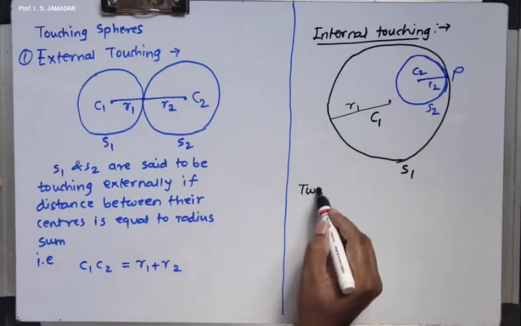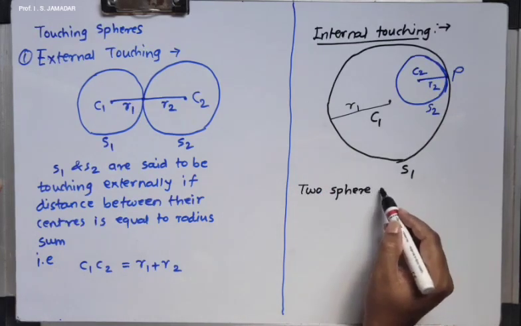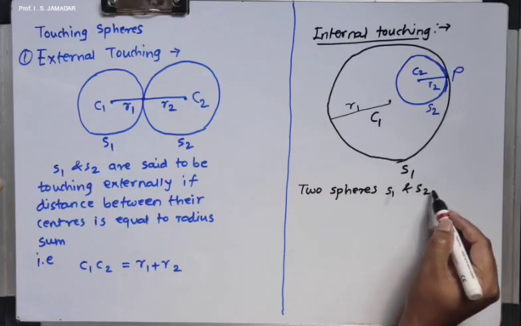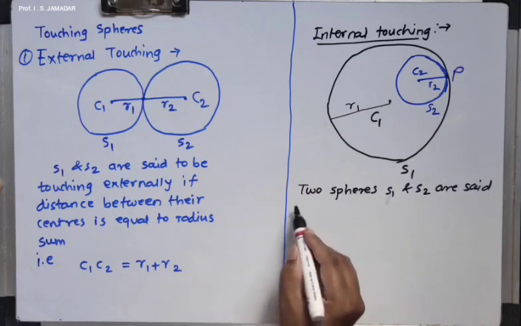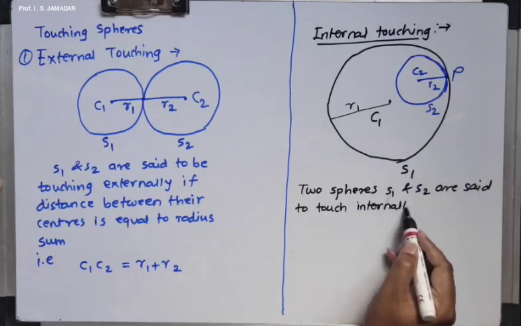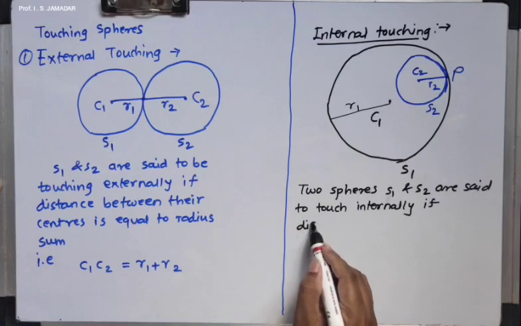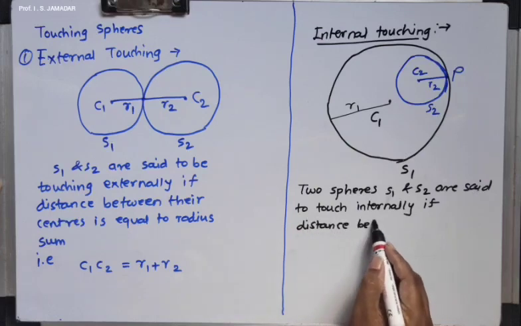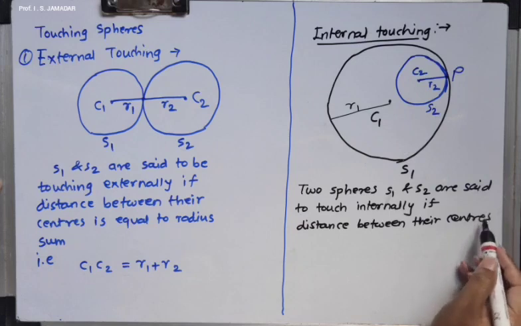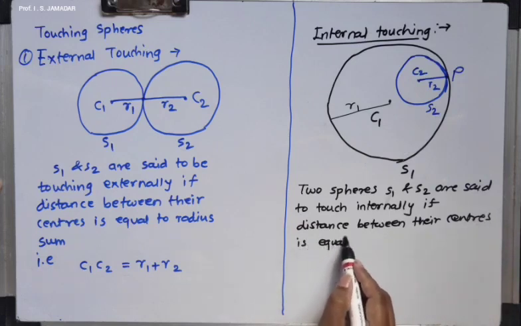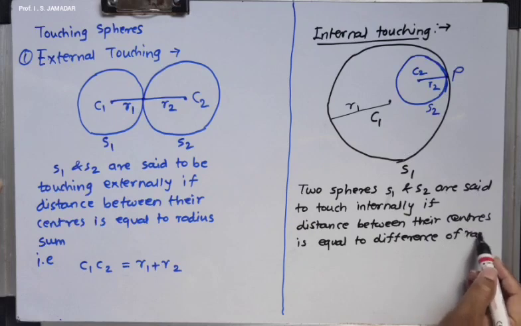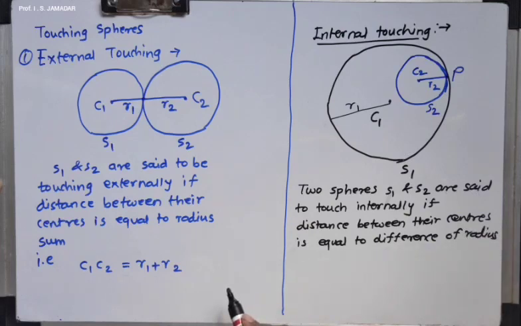Now geometrically, these two spheres S1 and S2 are said to touch internally if the distance between their centers is equal to the difference of radii.